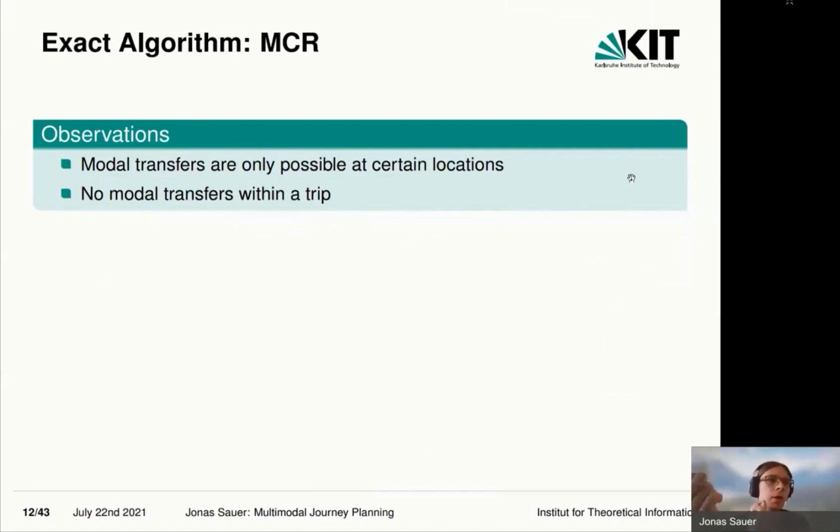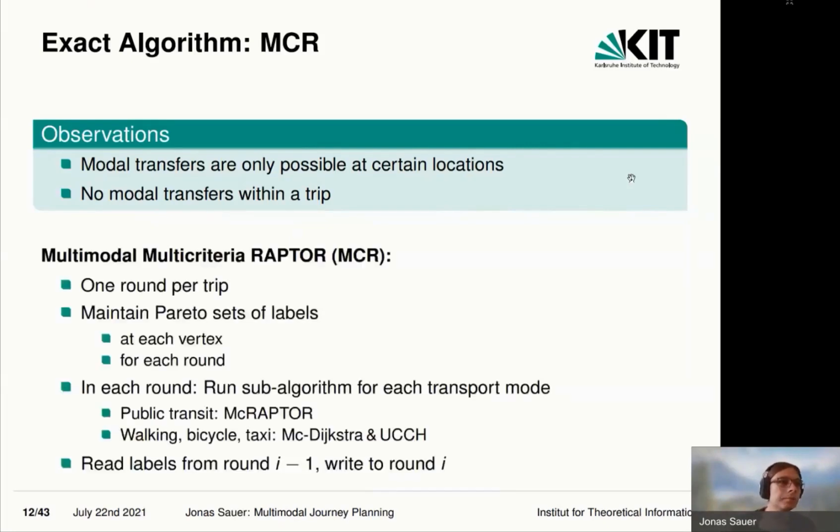So each time we exit a trip, we incur one transfer and we can start a new round. So as before, we have 1 round per trip, and we maintain labels at each vertex for each round. And because it's a multi-criteria algorithm, for each vertex and each round, we have a Pareto set of optimal labels, just like we did in the MacRaptor algorithm.